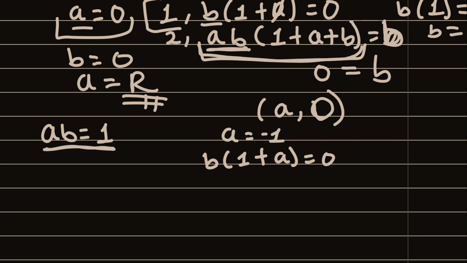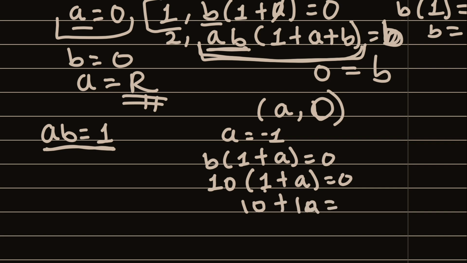So if B is any real number, for example, let's say it's 10. So 10 times 1 plus A equals 0. 10 times 1 is 10, plus 10A is equal to 0.